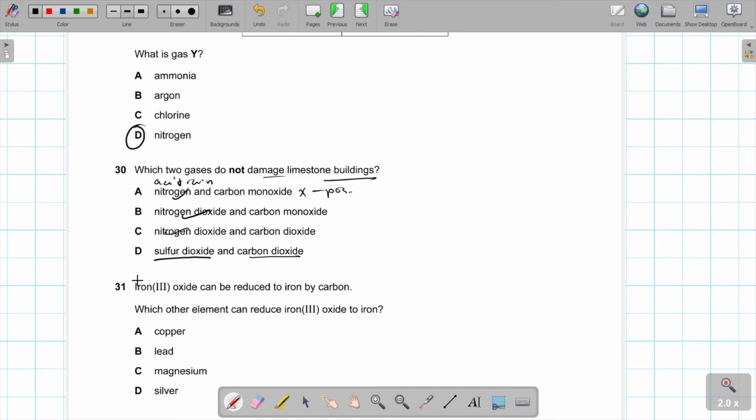It just contributes to global warming. Nitrogen dioxide, NO2, also contributes to acid rain, but just plain nitrogen does not contribute to acid rain. SO2 also contributes to acid rain. So carbon monoxide and nitrogen.